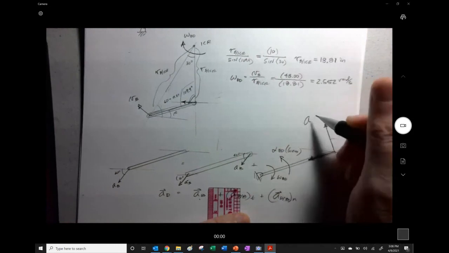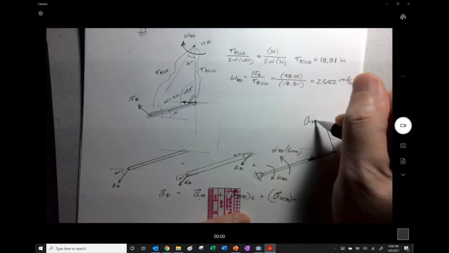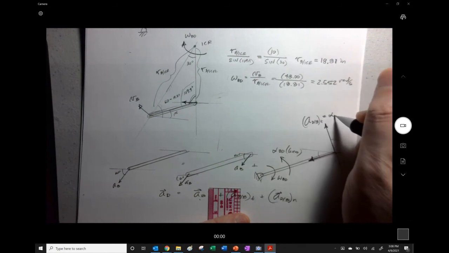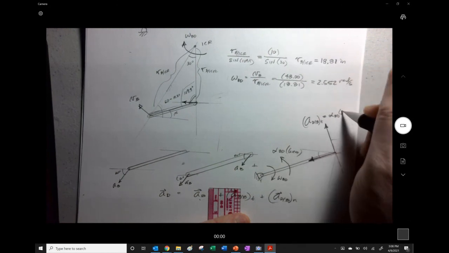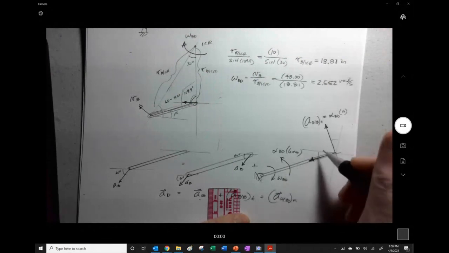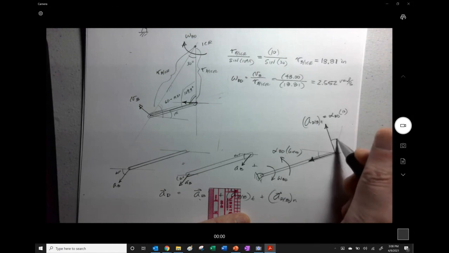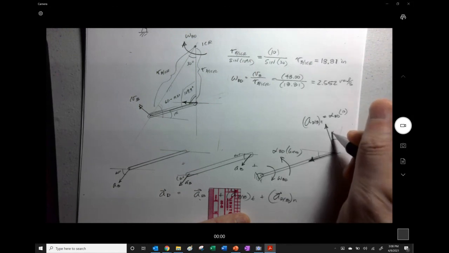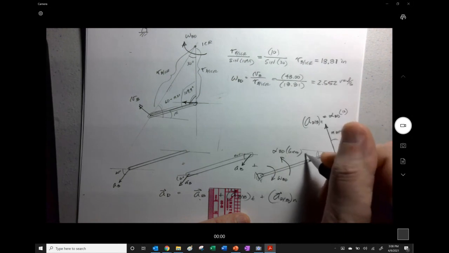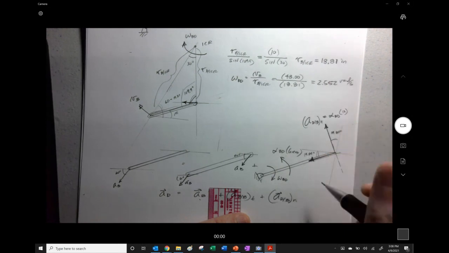So this is my acceleration of D with respect to B in the tangential direction, which I know is to be alpha BD times 10 inches. This is the 10-inch length right here, and I also have this angle right in here. I should know that this is 19.89 degrees. This is also 19.89 degrees.